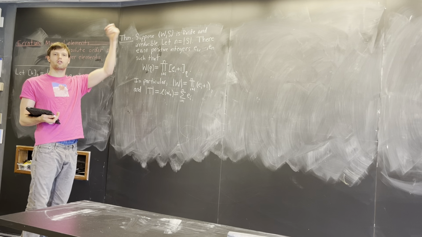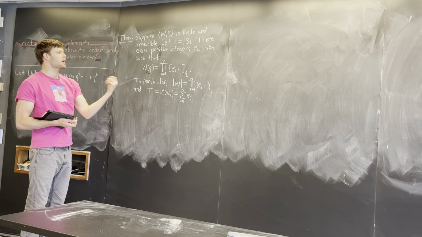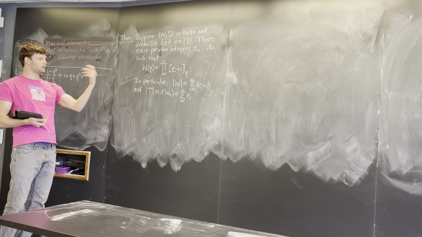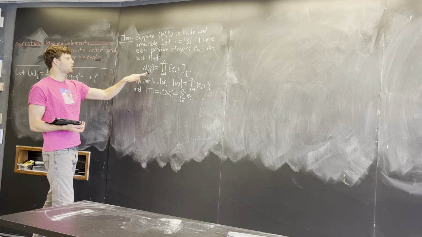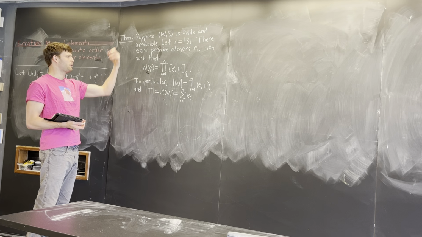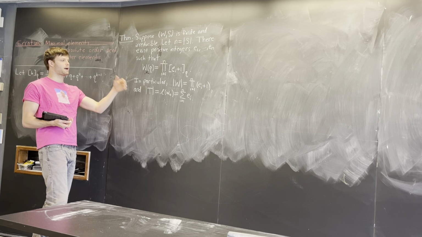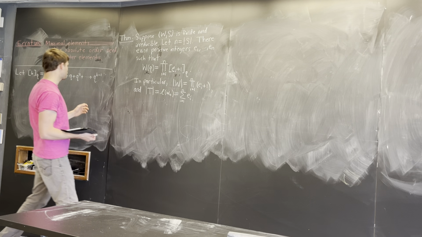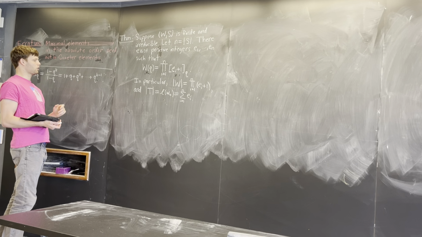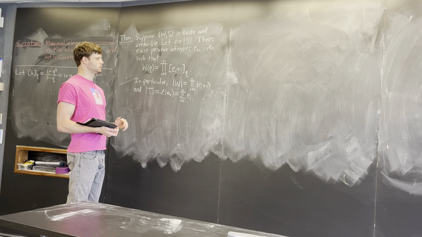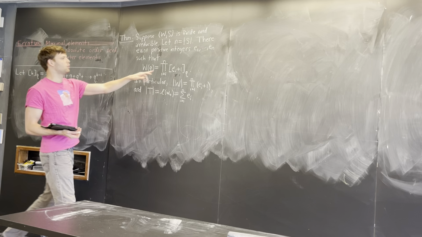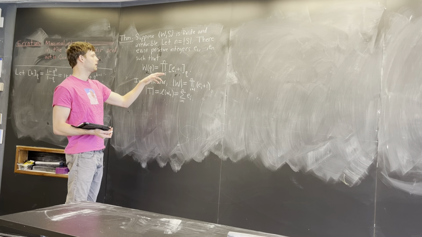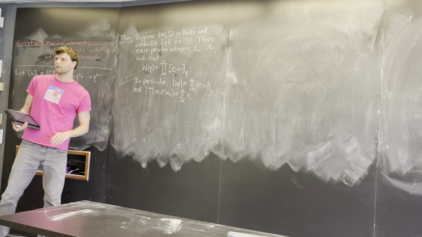If you look at the largest degree term, there's just a unique element with the maximum possible length, which is the long element. So the biggest degree term in this generating function is just q to the power of the length of w naught. That is what you would get here if you just kept track of the biggest degree terms in each one of these factors. You'd be multiplying q to the e1 times q to the e2 times dot dot dot, and so that's just q to the power of this sum. Okay.